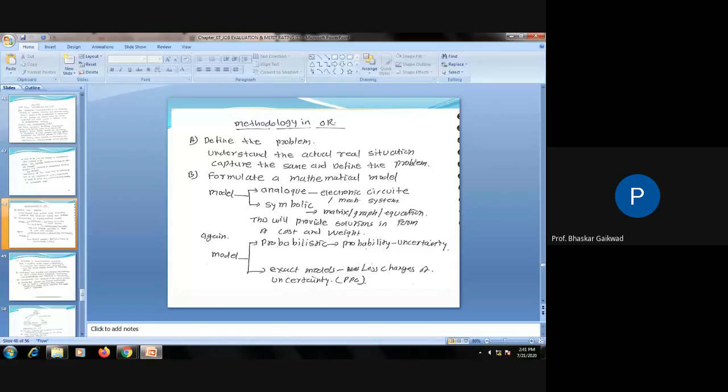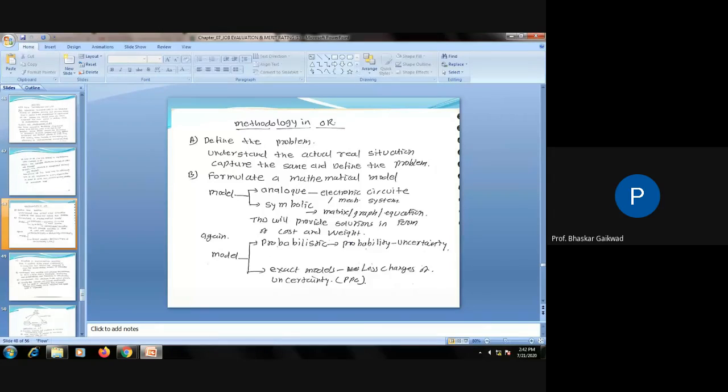The third model is the probabilistic model, meaning probability and uncertainty. Suppose one heat treatment is going on. We cannot get exactly the same hardness in heat treatment. It may vary, so this is the uncertainty. It is based upon probability.